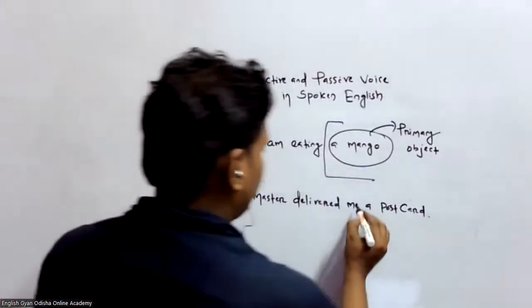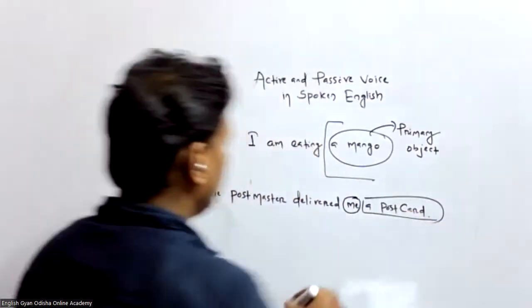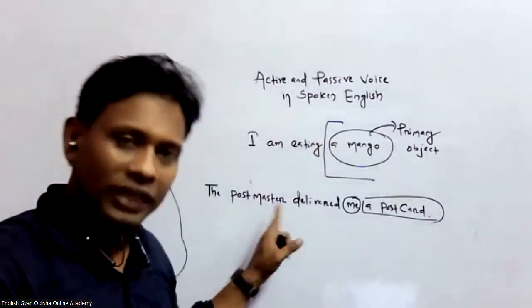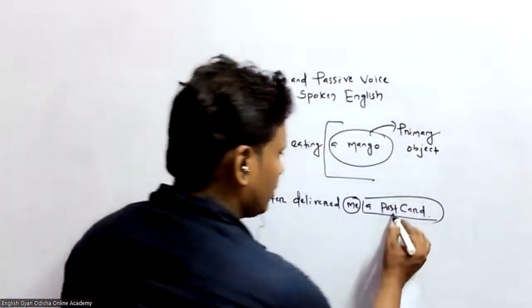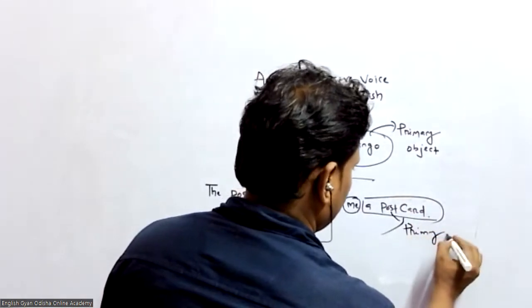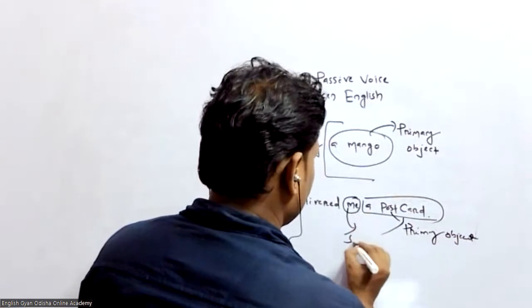Here there are two objects. Here is an object and this is an object, right? What is the primary aim of the postman? To deliver something like a postcard. So this is my primary object and this is my secondary object.